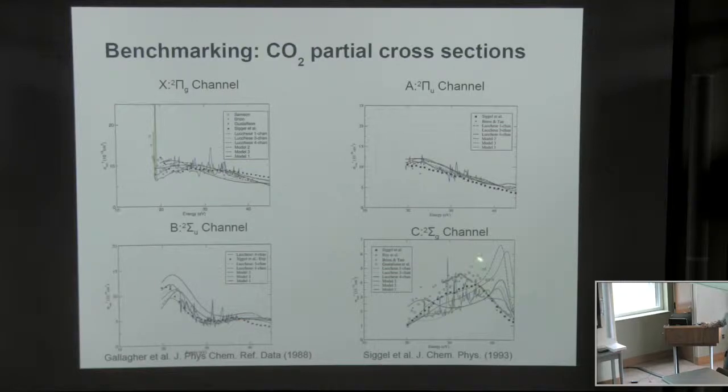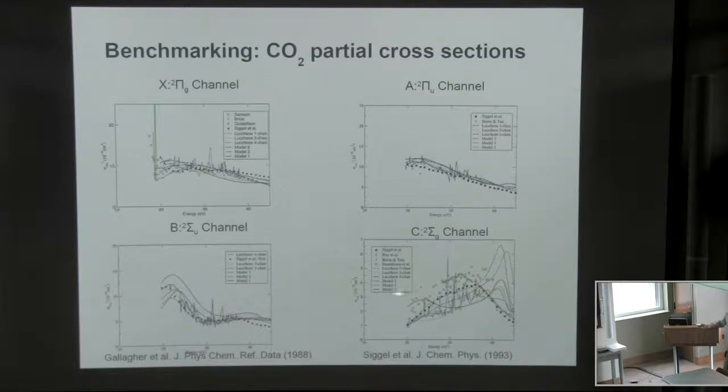Now we come to channel C, and here things really don't look all that like the experiment, I have to say. What the single channel static exchange model does look like is Robert Lucchese's single channel calculation here, where the resonance peak is slightly higher.